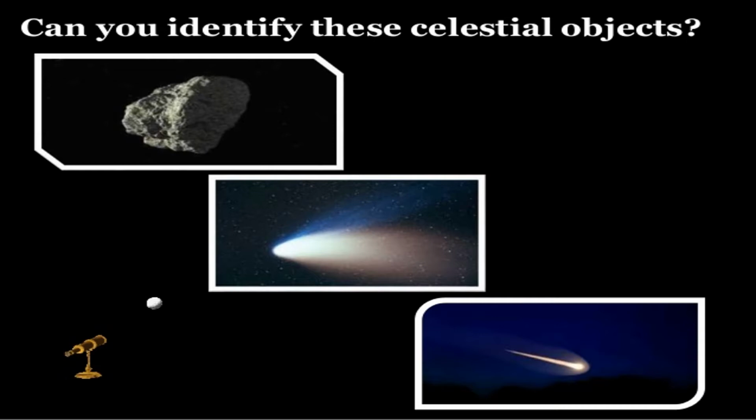Okay, so class, our solar system consists of asteroids, which are larger than meteoroids, and of course, you also have the comets. Then, it enters the Earth's atmosphere, and this leaves a visible path that is called a meteor.